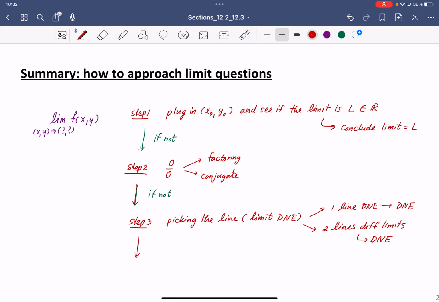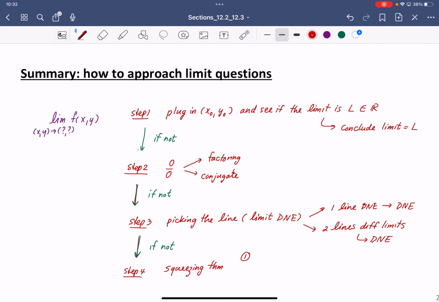And the last one: if you feel like, we picked so many lines and we keep getting zero, then step number 4, you can apply the squeezing theorem. The squeezing theorem here is the case where you have to pick limit f and g equal to 0. Let's do the two conditions.